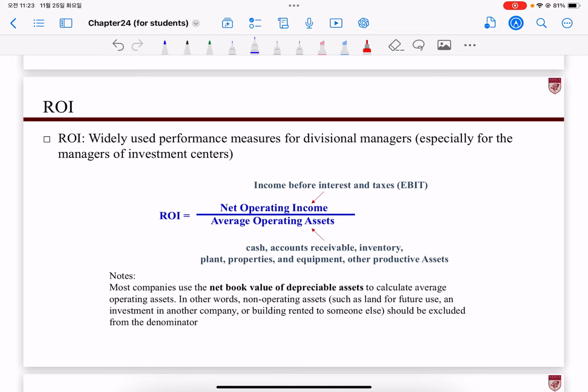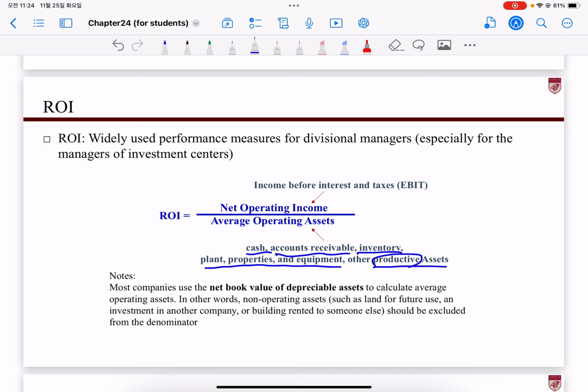So operating assets include cash, accounts receivable, inventories, PP&E, plant, property, and equipment, and productive assets, meaning assets that can generate sales.